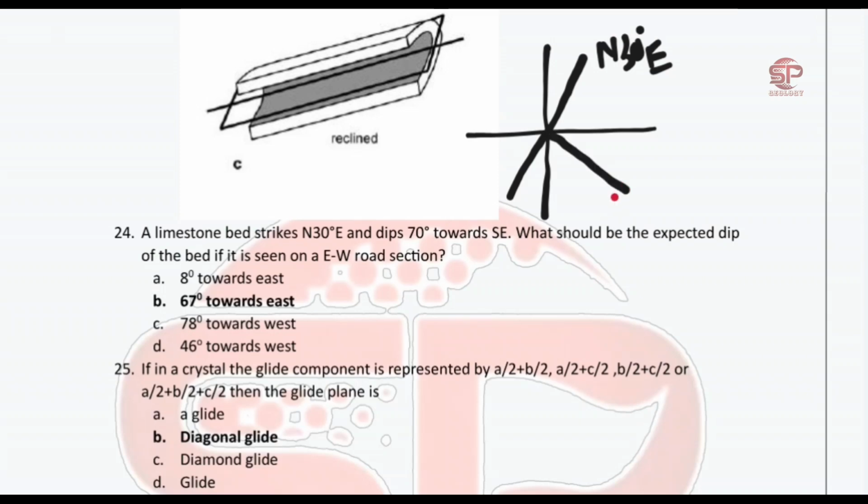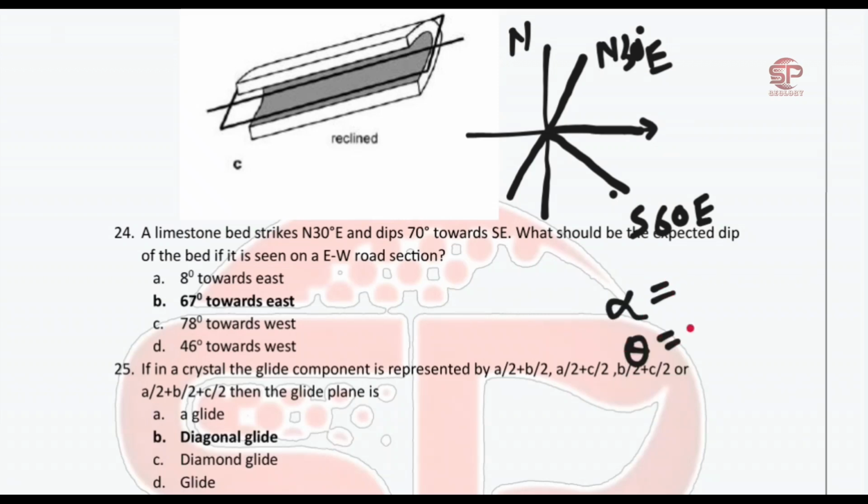This will be its true dip direction, south 60 degrees east. Then what will be the expected dip on the bed if seen in an east-west road section? So it is asking what will be the dip in this east-west direction. So basically it is asking about the apparent dip. So you have to calculate the apparent dip along the east-west direction.